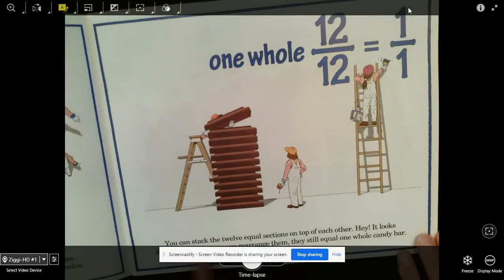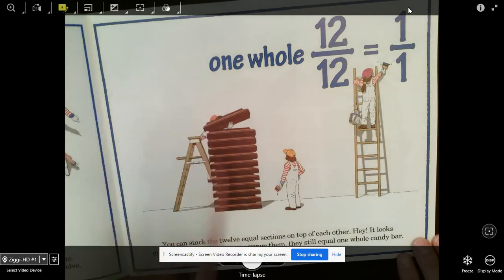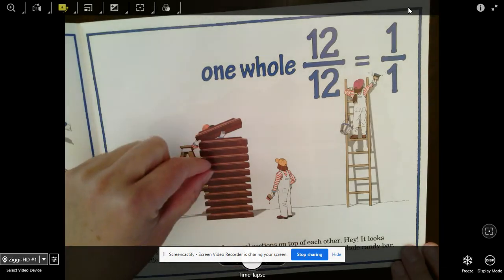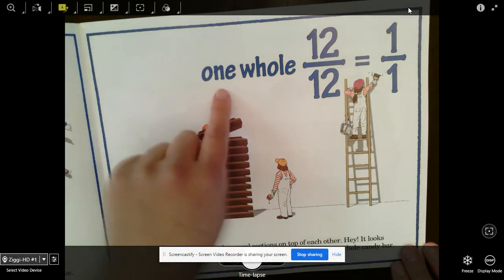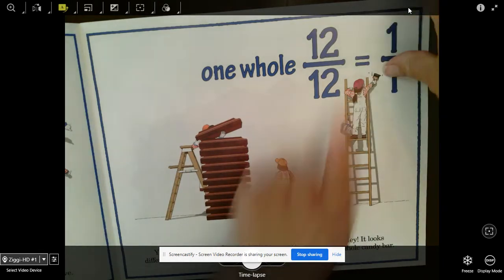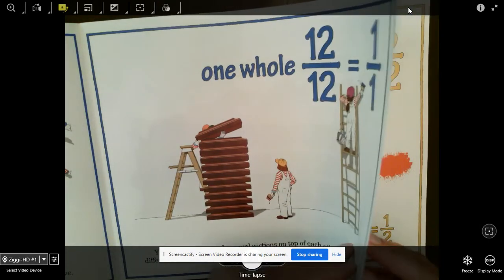You can stack the 12 equal sections on top of each other. Hey, it looks different, but any way you rearrange them, they still equal 1 whole candy bar. So even though they're separate, if you put them all together, it is still 1 whole. 12/12 equals 1 over 1. 1 whole.